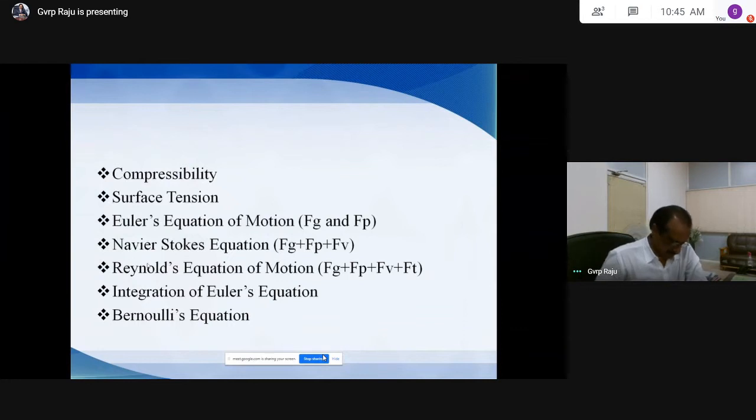Then we have force due to compressibility. What is compressibility? As you know, it is a measure of change of volume with the application of pressure. When the pressure is applied, what is the change in volume? Compressibility is the inverse of bulk modulus, K equal to dP by dV by V. With increase in pressure there is decrease in volume.